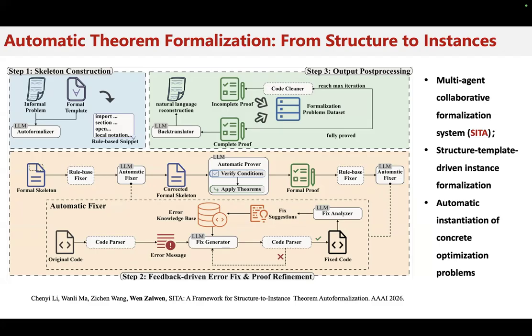Another advantage is that humans may only point out a possible way, but they do not provide the detailed proofs, because doing so is very time consuming, right? They have to do a lot of computation and verify many things.